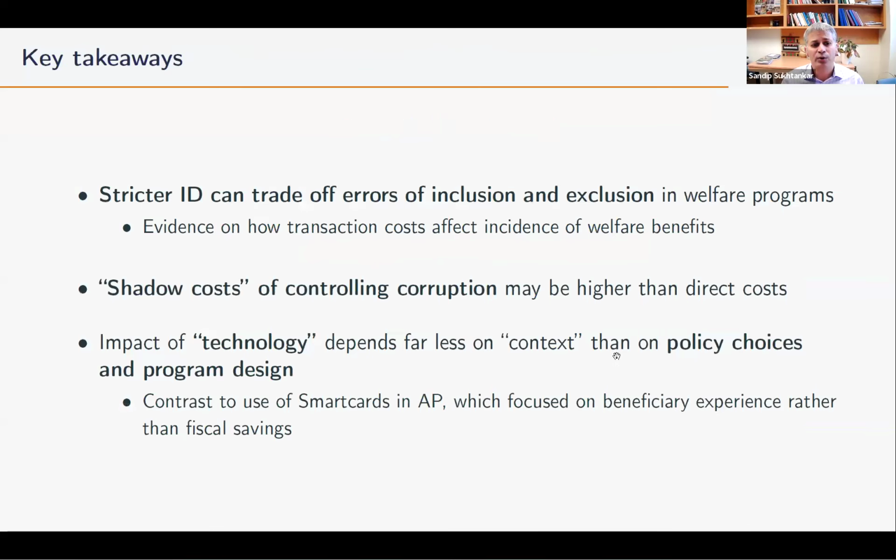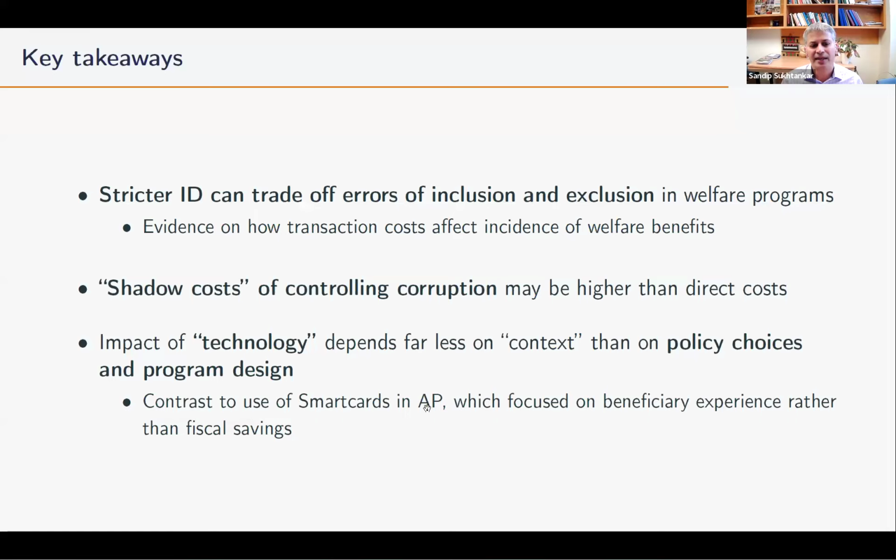Okay. And so this really highlights these trade-offs, right? This strict ID plus reconciliation system meant that you reduced leakage, but you also increased exclusion a lot. Okay, and these shadow costs of reducing leakage and corruption may actually be higher than the direct costs.